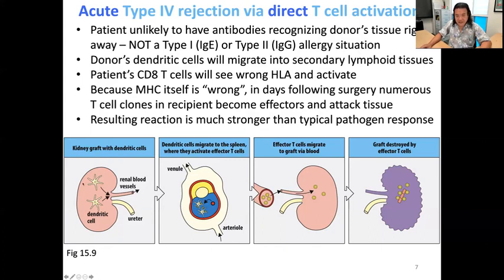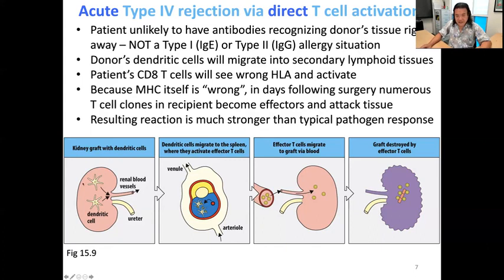Gradually. So this is a cross section here. This cartoon is a cross section of one of the blood vessels inside of the donated kidney. What happens is you start building up antibodies that start binding to the wrong MHC type that's present inside the kidney's blood cells, and that starts recruiting different immune cells, and they go to work.